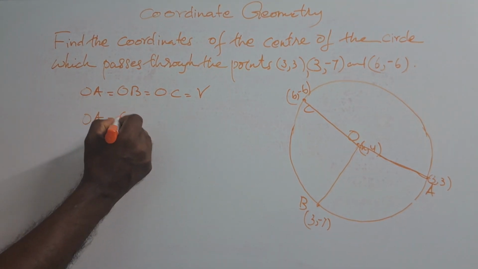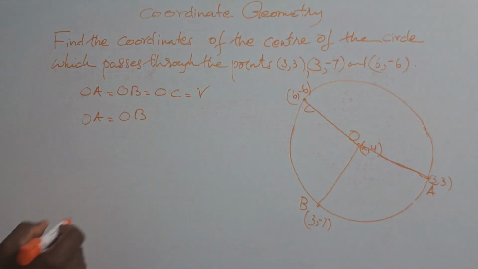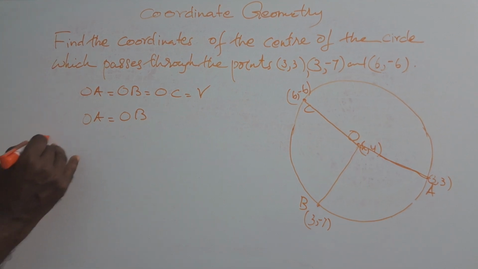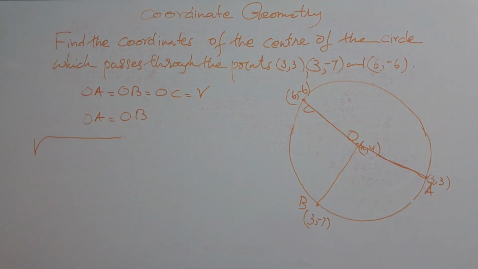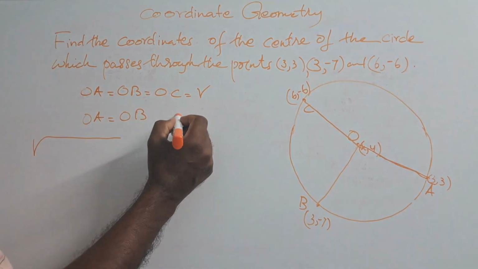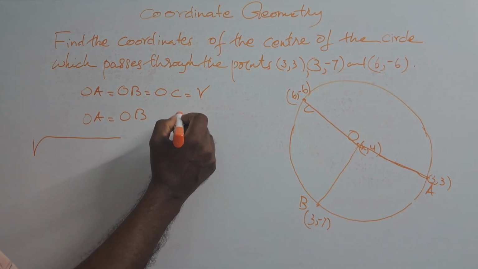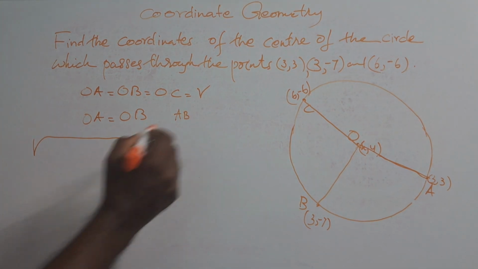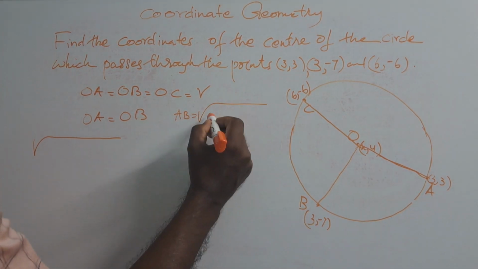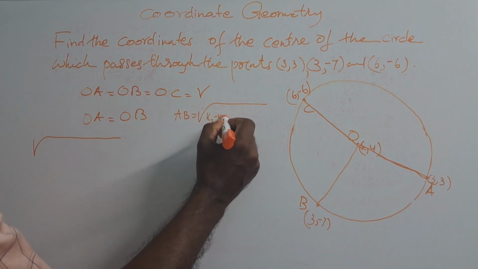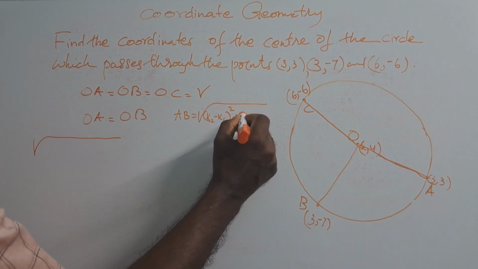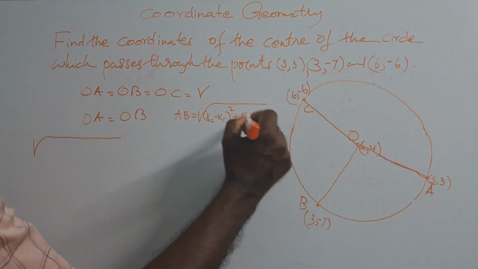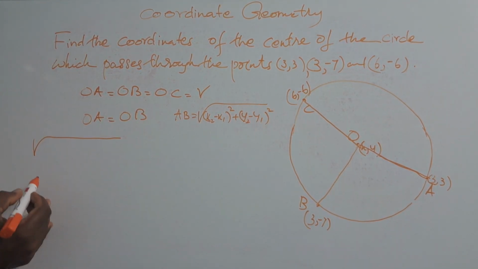OA equals OB, therefore, using the distance formula, the distance between 2 points A and B is equal to root of (x2 minus x1) the whole square plus (y2 minus y1) the whole square.